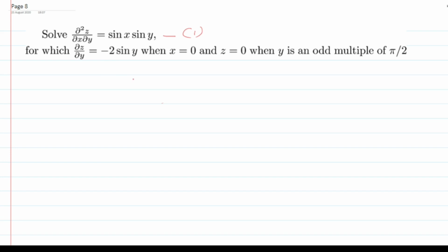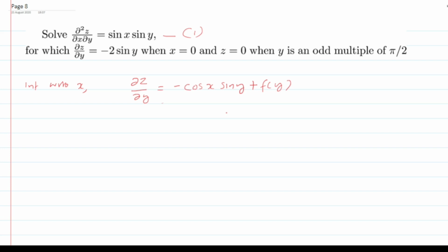Then we get ∂z/∂y = -cos x sin y + f(y). Since we are integrating with respect to x, we keep the constant as f of y.